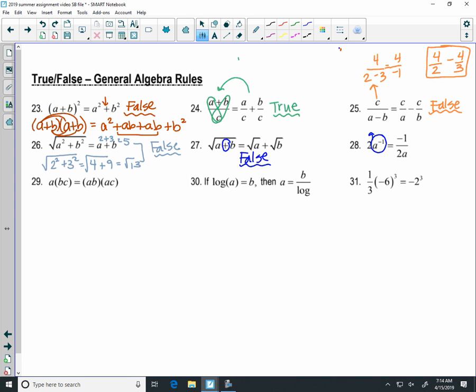So the way that we would simplify 2 times a to the -1 is leave the 2 on top and then drop the a to the first to the denominator and make that exponent positive. So this is all kinds of wrong. The 2 is in the denominator, the -1 is on top, so it's all kinds of wrong. This is false.